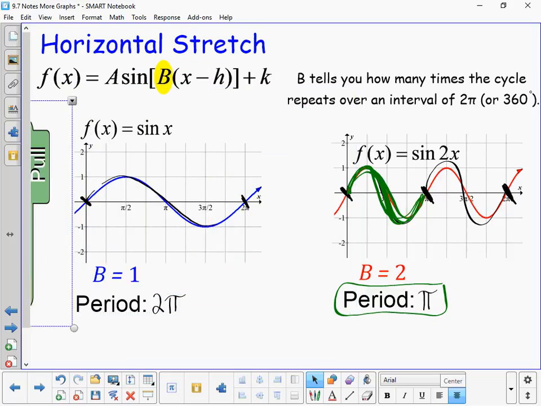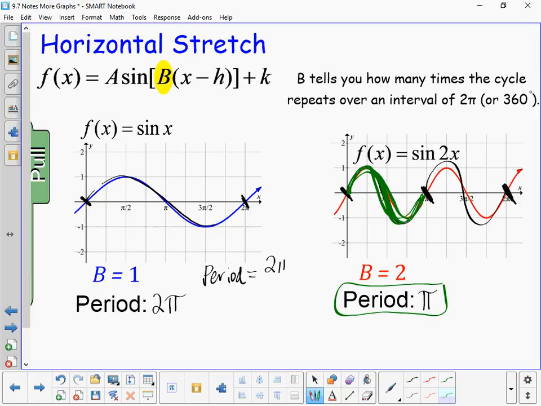And that works in both of these cases. We would calculate the period for this first one by saying that it's 2 pi divided by 1, which is, of course, 2 pi. And here we would say that the period is 2 pi divided by the b value of 2, which is pi.